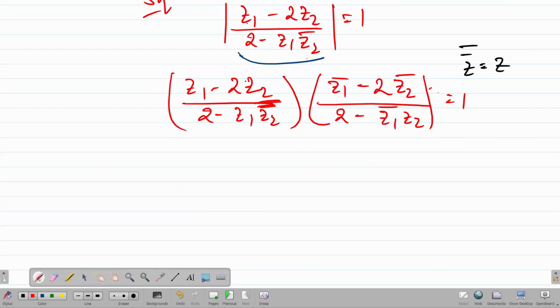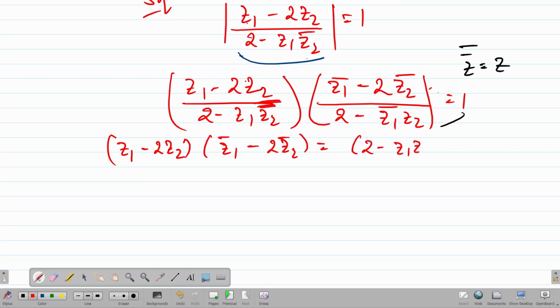Now further, I just take this to the right hand side, and what I get: (z1 minus 2z2) into (z1 bar minus 2z2 bar) is equal to (2 minus z1 z2 bar) into (2 minus z1 bar z2).